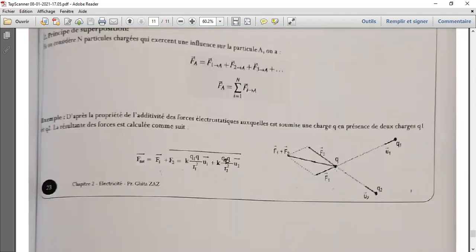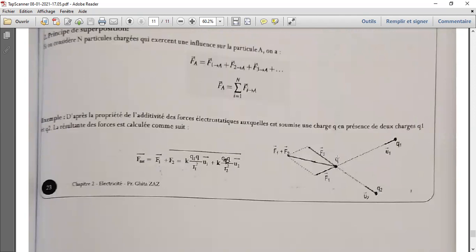If you see this diagram, you have a particle in the middle and different particles which surround it. So for me to calculate the force created here, how do I do it?